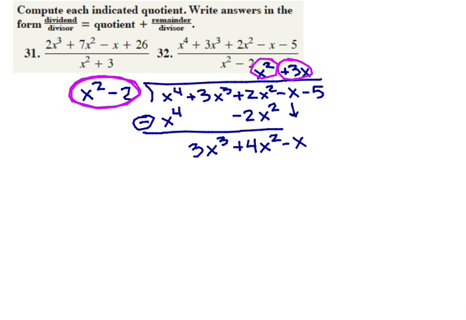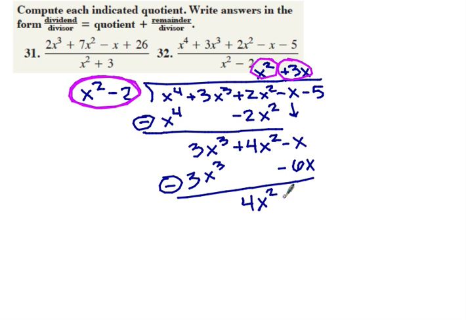And so we'll see we end up with 3x cubed minus 6x. We'll subtract these two from each other. We'll end up with 3 minus 3 is 0. 4 minus 0 is 4. So we have 4x squared. Negative 1 minus negative 6 will give us plus 6. So that's a 5x.